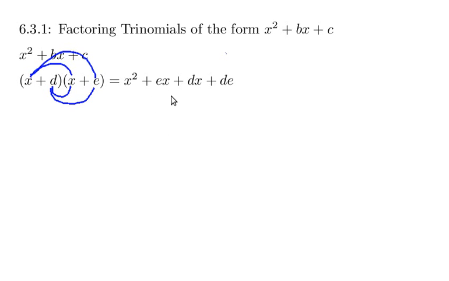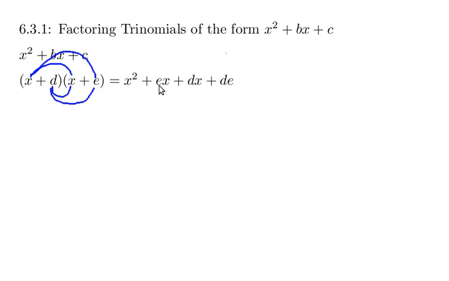Now let's think of it this way. We could actually simplify this a little bit further by combining like terms. That might not seem intuitive right now, but I'm putting this in as generically as I possibly can. Whenever I actually do this, this won't be d, it'll be like 3 or something, and this won't be e, it'll be like 4 or something.